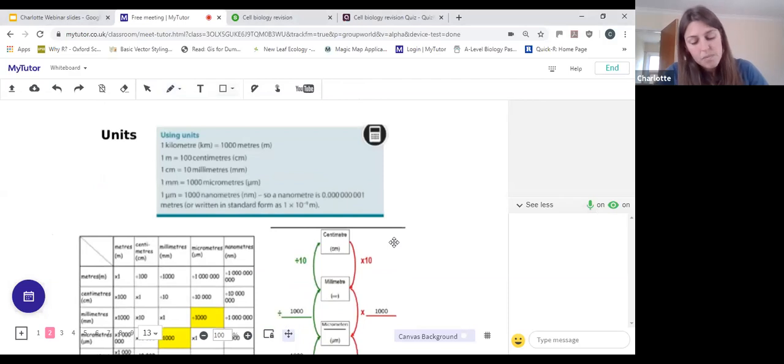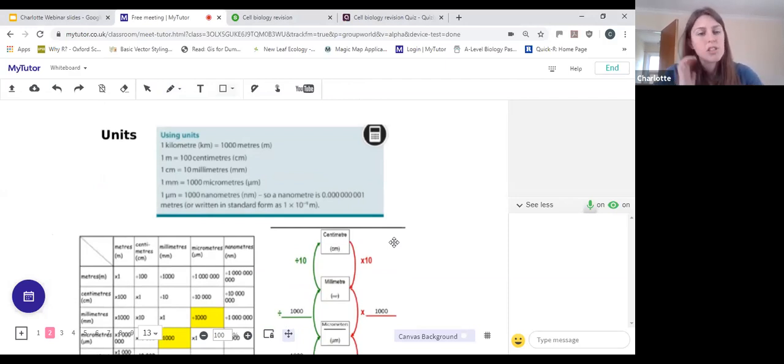So, units. Generally in biology, you are converting between units of distance or weight. Most of what we've talked about so far and what we're going to cover today is units of distance. So everything from kilometers all the way down to nanometers right at the bottom.